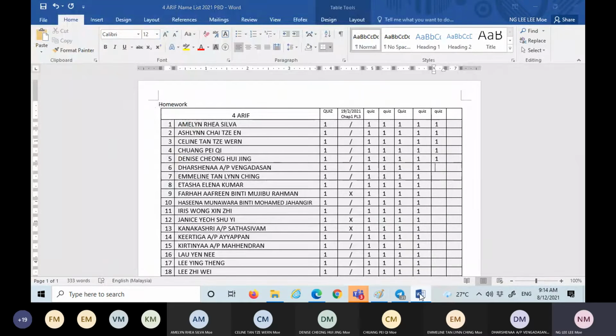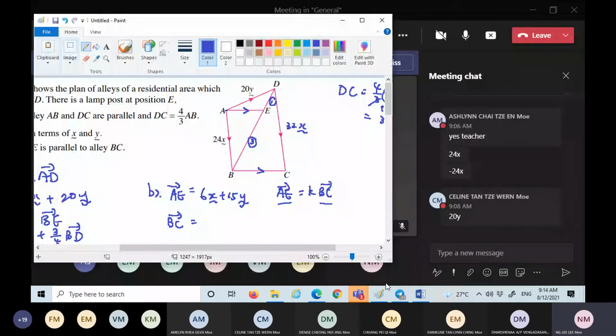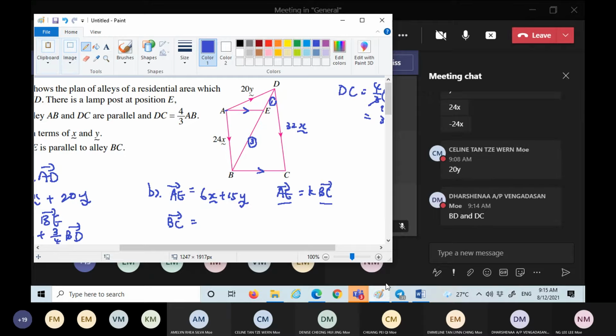Dashina, you help me for BC. Which route should I take? She suggests from B to D and then D to C, because whatever route you want to take, just make sure that you have the information.